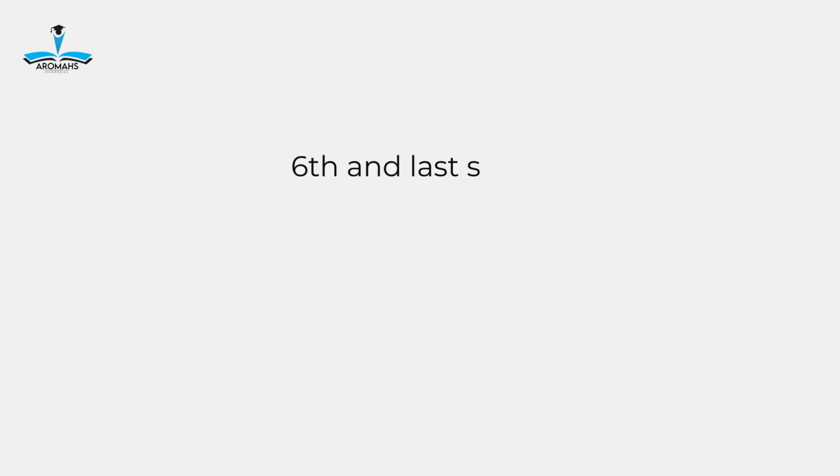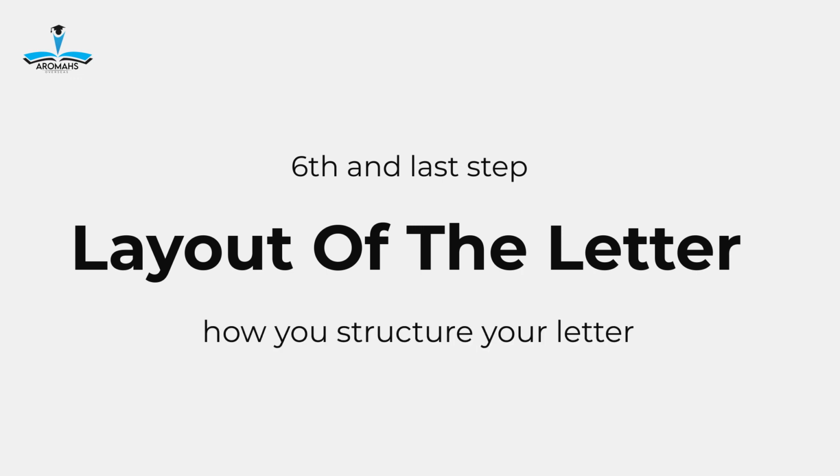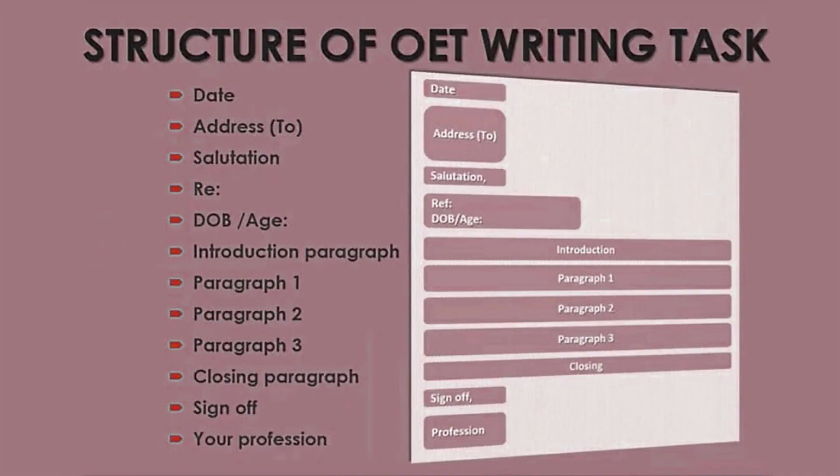The sixth and last step is the layout of the letter. It is very important how you structure your letter, whether you are following the correct layout or not. So here is a sample of how you are supposed to structure your letter.